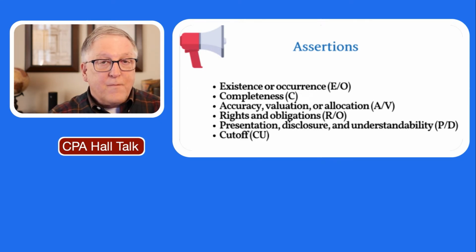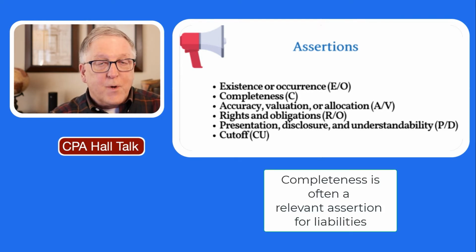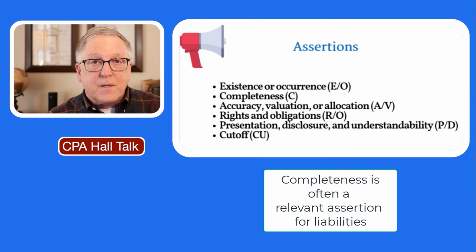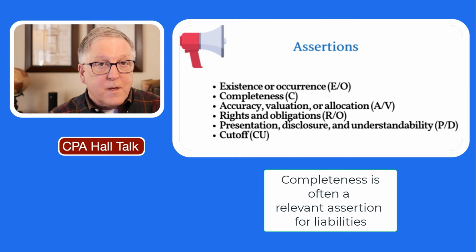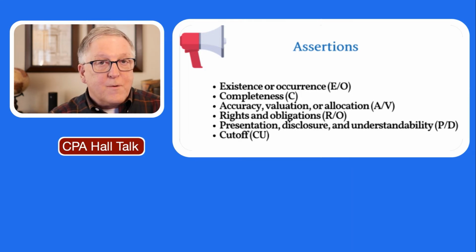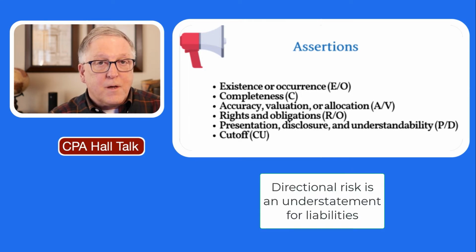Now, conversely and logically, completeness would be a relevant assertion in relation to liabilities. Again, if the business desires to make itself look better than it really is in relation to liabilities, what would they do? Yes, they'd understate the liabilities. So the directional risk for liabilities is that they would be understated.